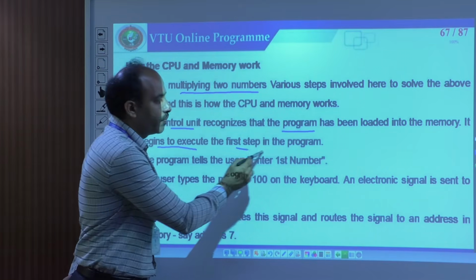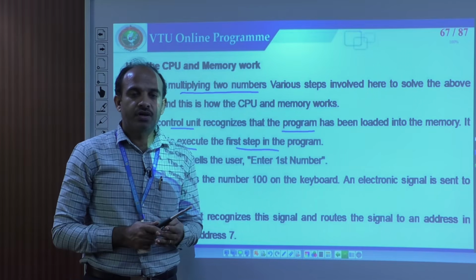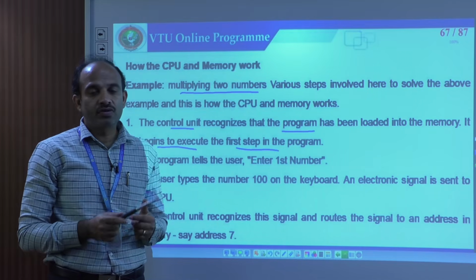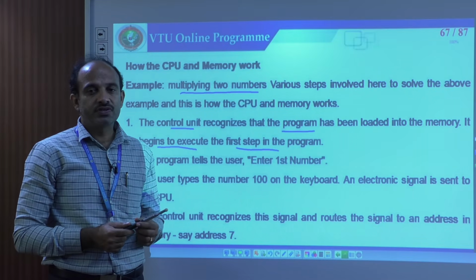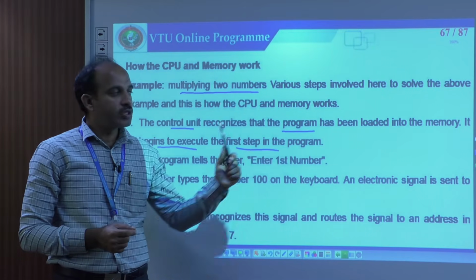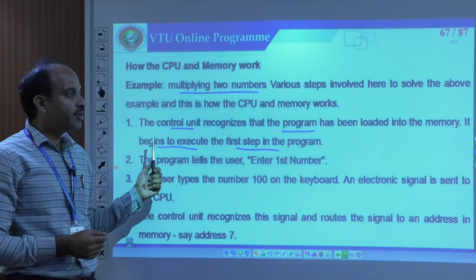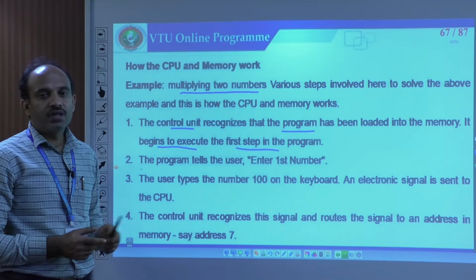The first step in the program: who will decide? The computer control unit. First it will recognize those instructions, whether they are loaded into the memory or not. If loaded, it immediately begins to execute whatever is in the first step.